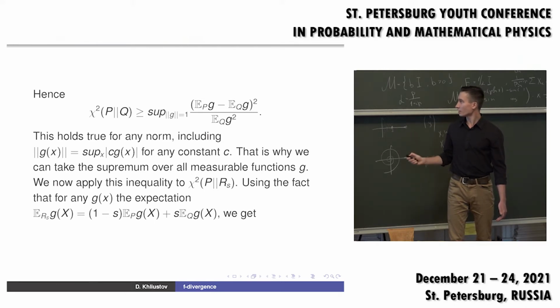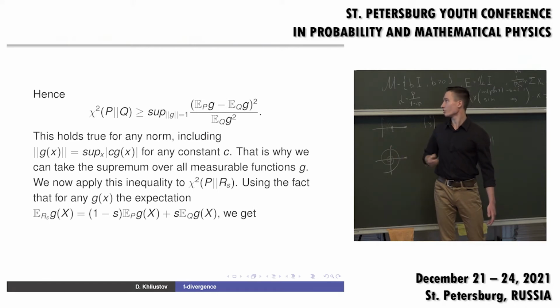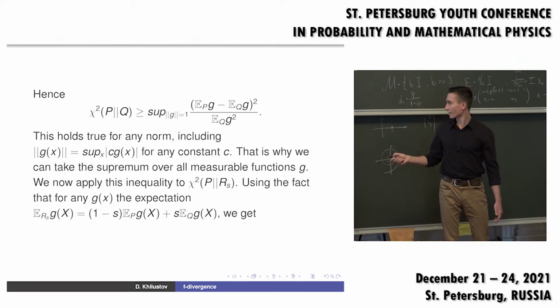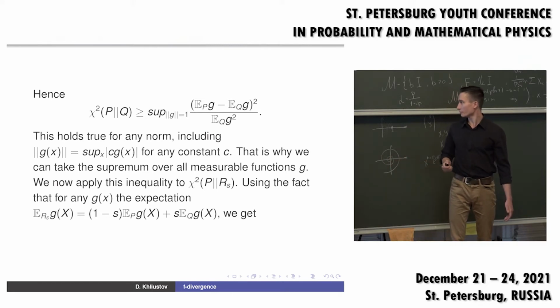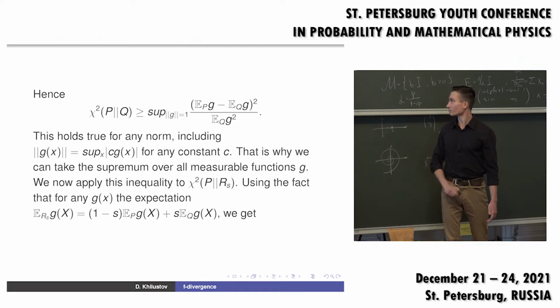And since we can take arbitrary norm of g, we can get rid of this condition for taking supremum and just obtain a simpler representation of chi-squared. Now compute this quantity for r sub s from our theorem, more specifically from the theorem of Nishiyama and Sason.